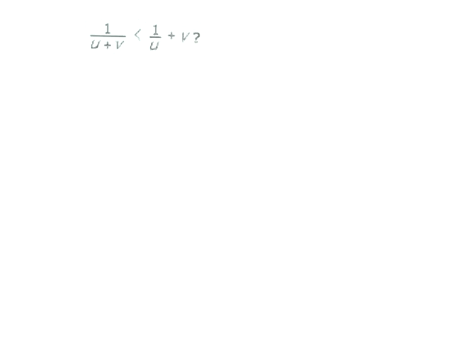So if you move 1 over u to the other side, then that's 1 over u plus v minus 1 over u. And all right, sure. Okay, that's kind of ugly. Yeah, now it's better.